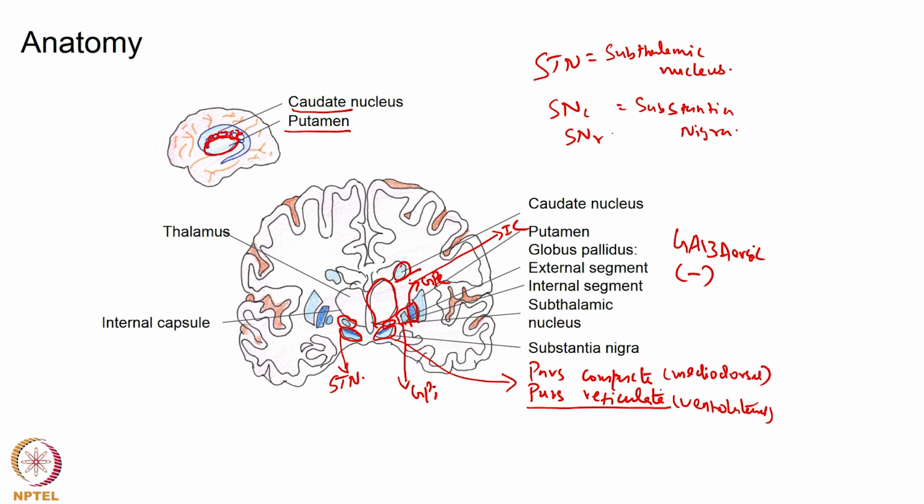In fact, these two can be considered to be the same nucleus separated into two by the internal capsule. So, these are functionally and cytoarchitecturally very similar structures separated into two distinct nuclei by the internal capsule. Okay. So, substantia nigra pars reticulata and globus pallidus internal perform similar functions, which is basically to act as the output structures of the basal ganglia.